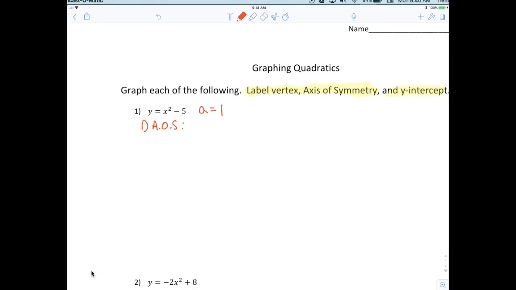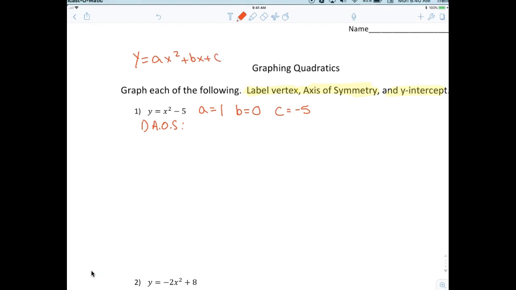Keep in mind, what is A in this problem? Good, 1. What's B? Very good, 0. And what is C? Very good, -5. For those of you who are not quite sure, remember, y equals ax squared plus bx plus c.